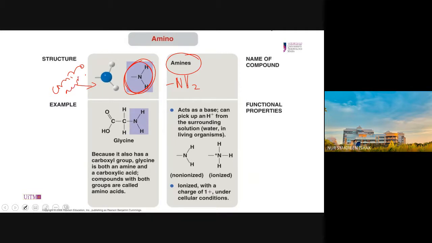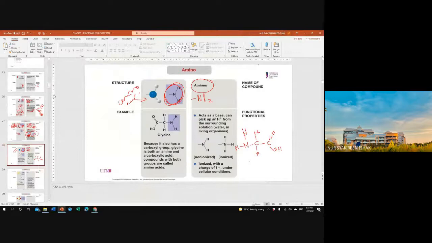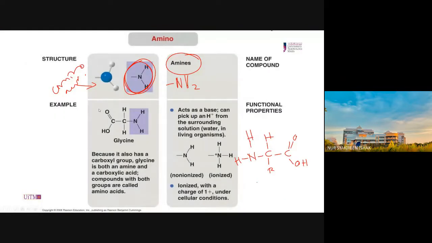Amino acid. So the amino acid structure, if I can draw it again, this is the functional group: OH, nitrogen, H. I think there is one carbon missing here. Let me check the amino acid structure again. Right. So it has a carboxyl group, and an amino group. This one is the functional side chain; we call it a side chain.